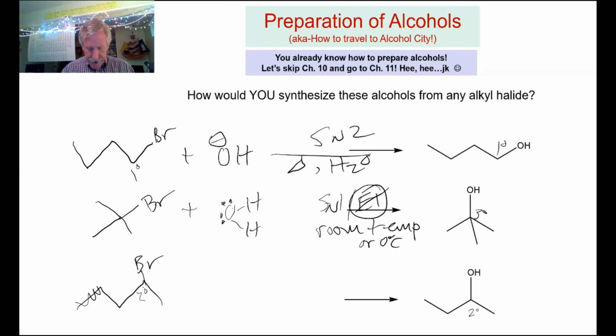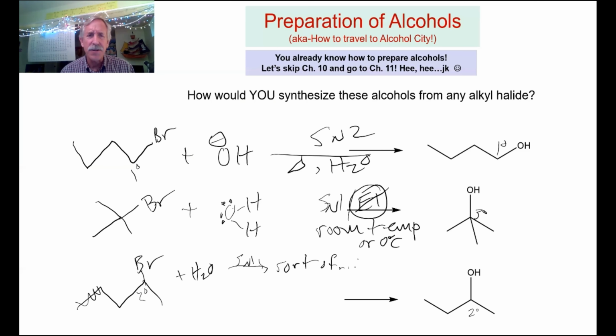Cool. Now, from what we see over here, the OH minus and water are our favorite reactants to produce our alcohol. If I use water on a secondary carbon, I'm trying to do SN1, it sort of works, but not very well.